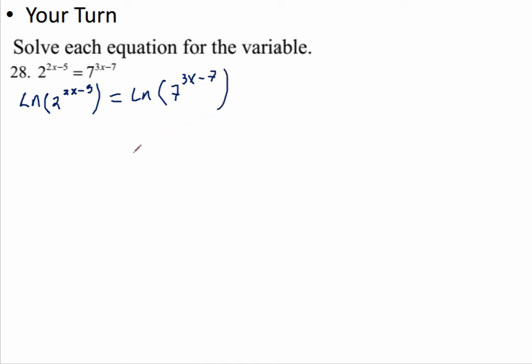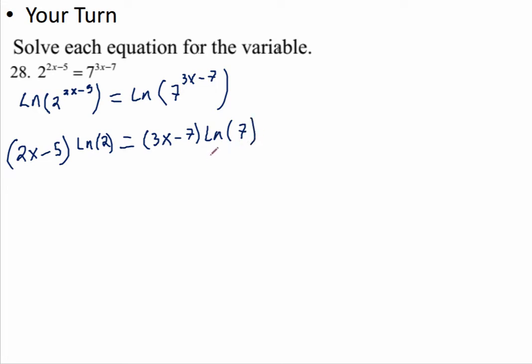So by taking the log of both sides of that, that's going to get me (2x minus 5) times ln of 2 is equal to (3x minus 7) times ln of 7. So that's just using my exponent property of logarithms.